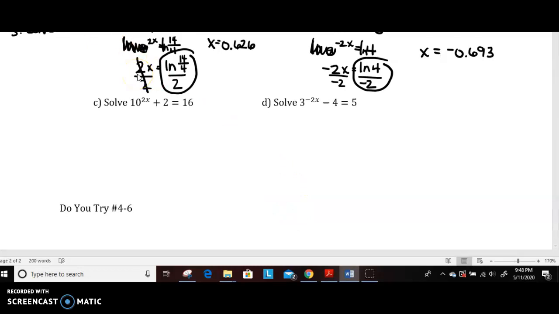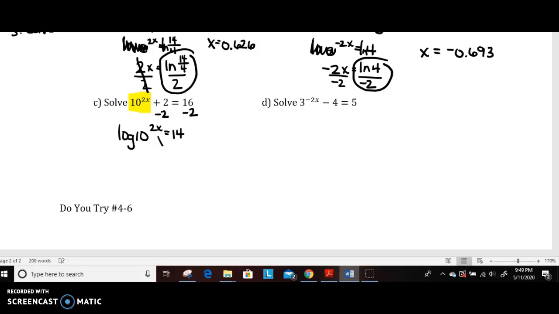Okay, for C, I want to isolate the exponential. So 10 to the 2x. So I'm going to subtract 2 from both sides. I get 10 to the 2x equals 14. Okay, so now I want to use the inverse of this by doing the log with a base of 10. Well, that is just our common log.